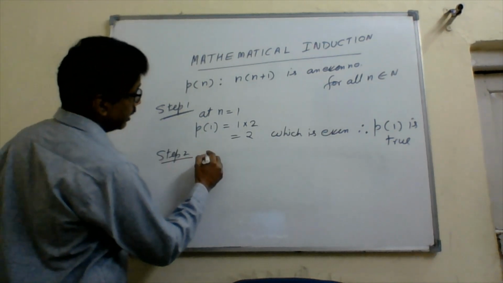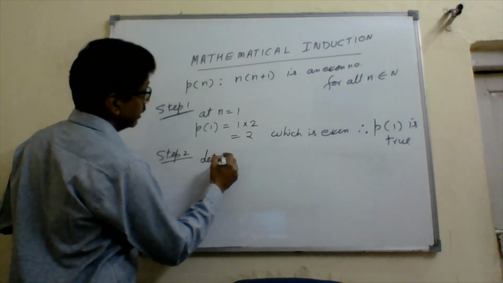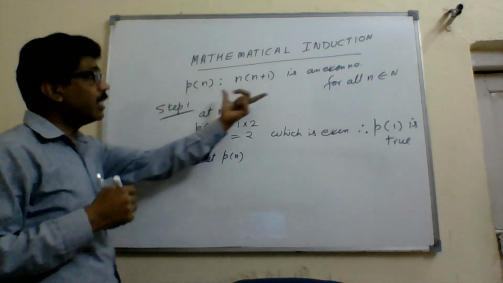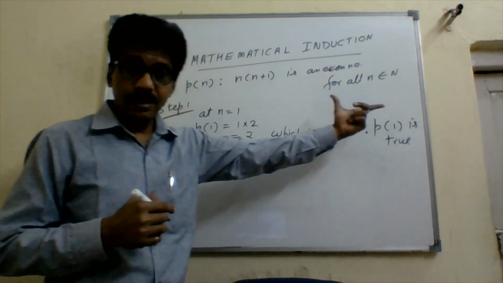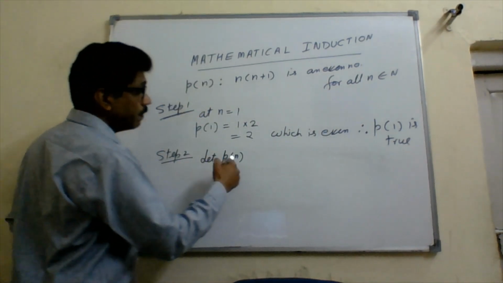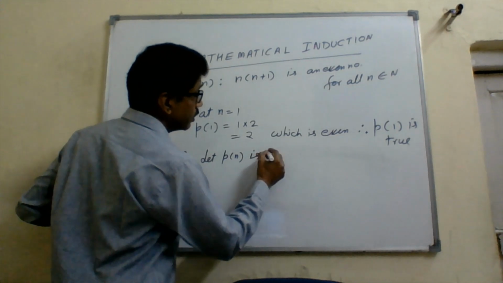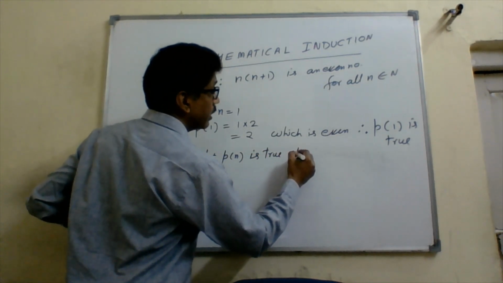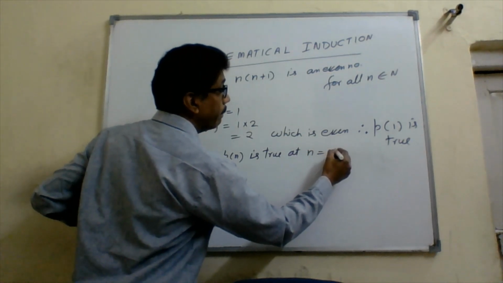So we write: let Pn, which is a symbol for this complete statement, be true at n is equal to m.